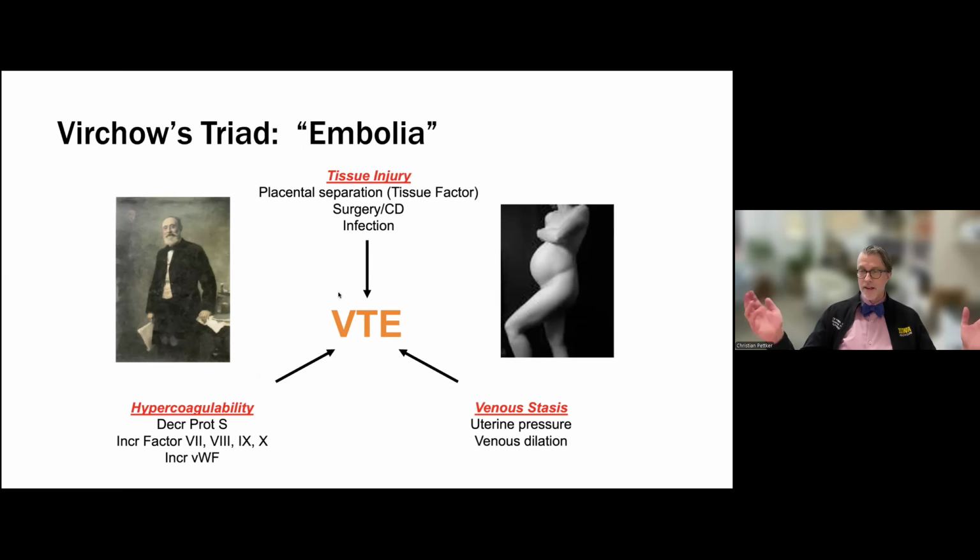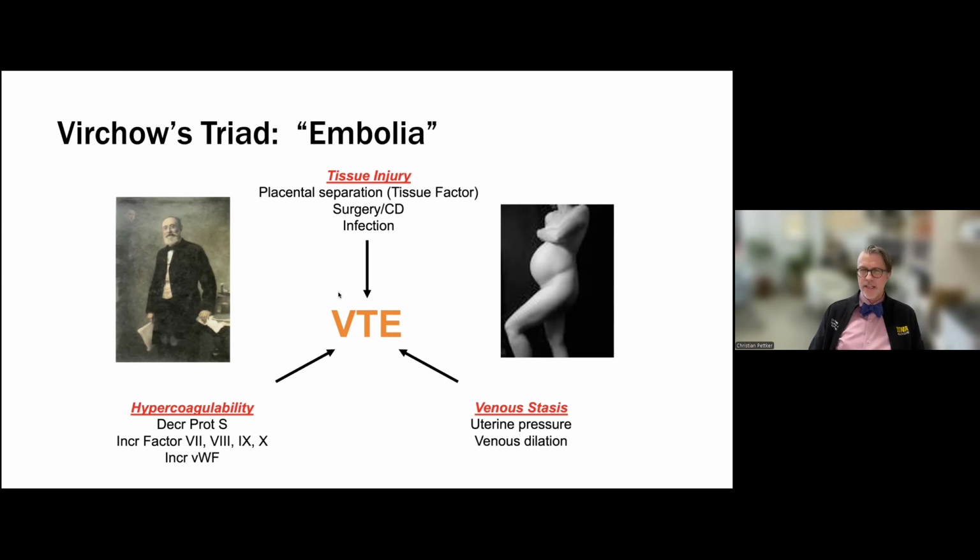This is going back to medical and nursing school. We remember Virchow's triad. That's Rudolf Virchow on the left, and pregnancy is a setup for Virchow's triad. The three pieces that contribute to an increased risk for thromboembolism. We have tissue injury, hypercoagulability, and venous stasis, and all of those happen in pregnancy.